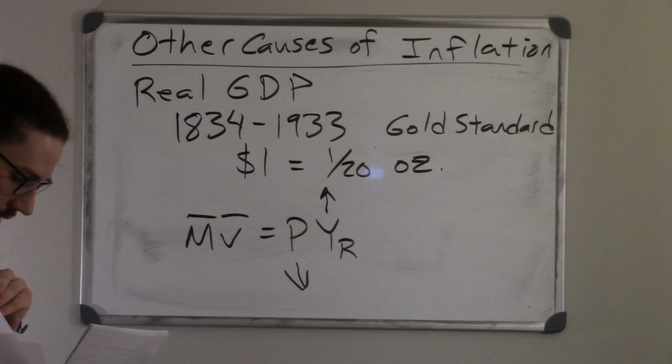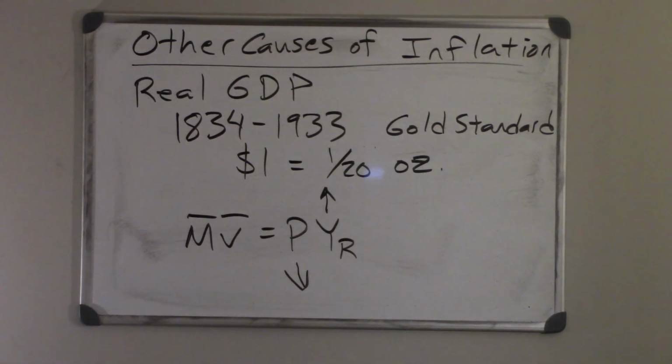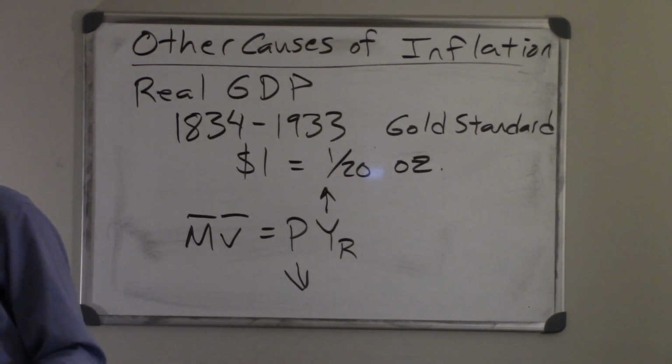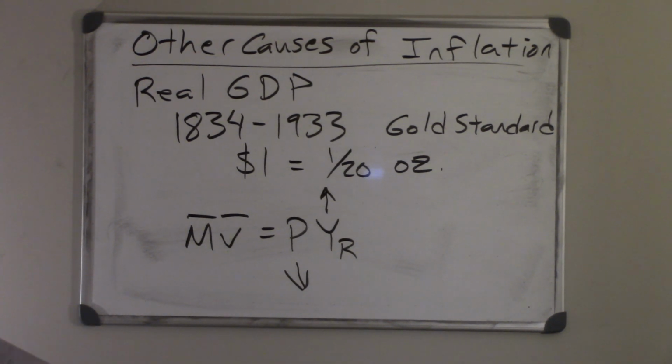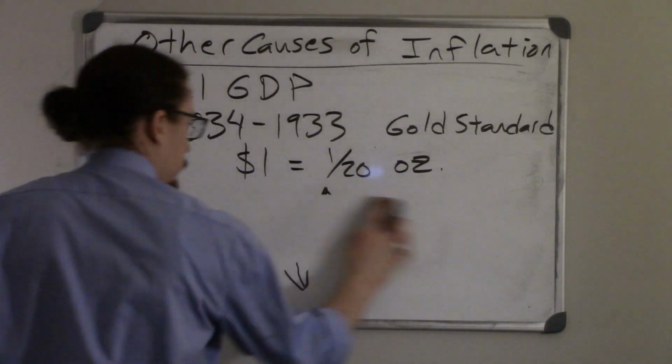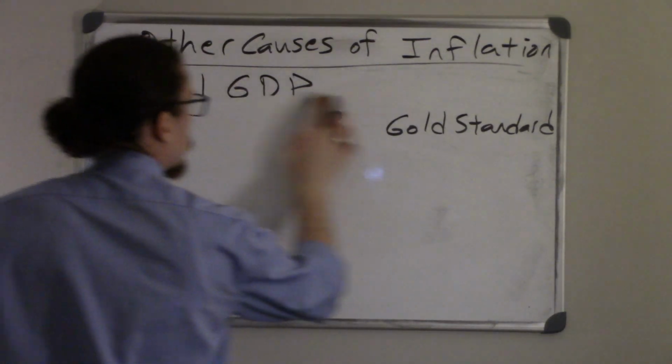We will talk a little bit more about that in a second. But that's one example of when the real GDP growth rate affected the inflation rate.